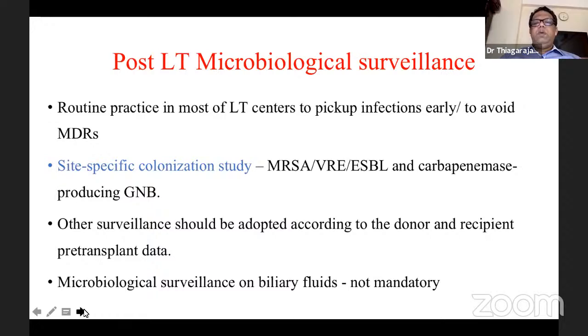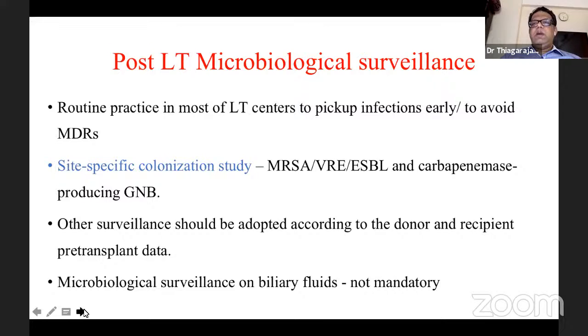And how do we do post-transplant microbiological surveillance? We should have a routine practice of picking up these infections early, especially by doing site-specific colonization studies for ESBLs and VREs.